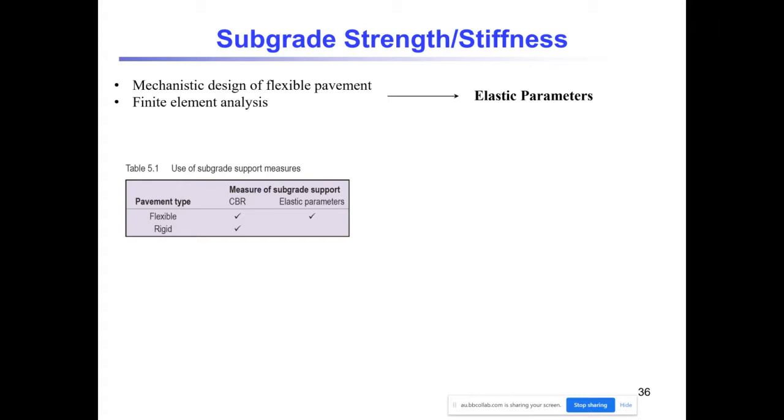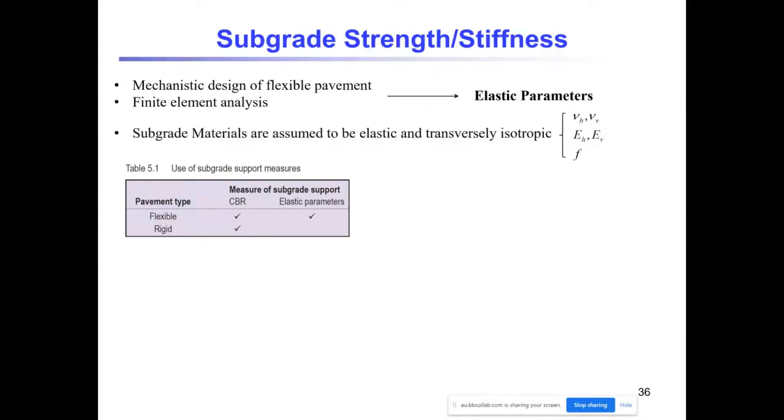In that case, the parameters that we need to use are elastic parameters. The elastic parameters that we need to determine are the Poisson ratio, the Young modulus, as well as the shear stress parameter.